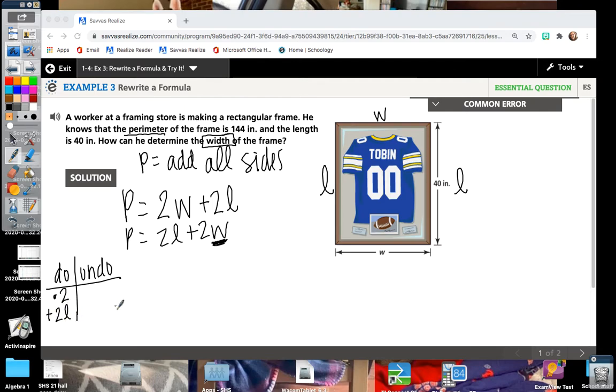So to undo it, we're going to do the opposite. Instead of adding 2L, we're going to subtract 2L from both sides. So 2W equals, again, we can't combine these because they're not like terms, so just P minus 2L.